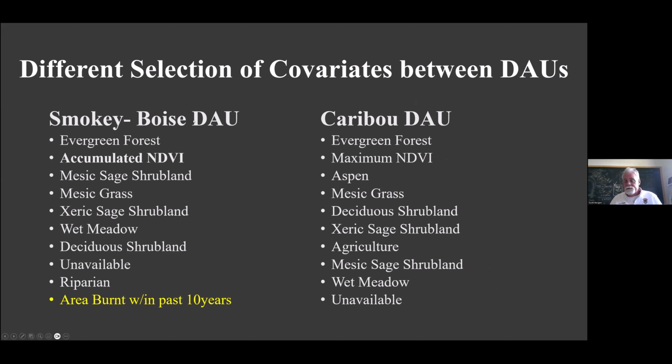Here within the Smokey-Boise deer analysis unit, we have evergreen forest, accumulated NDVI or vegetation growth, mesic sage shrubland, mesic grass, xeric sage shrublands, wet meadows, deciduous shrublands, those unavailable talus slopes, riparian, and then the amount of area burned within the past 10 years is also a factor.